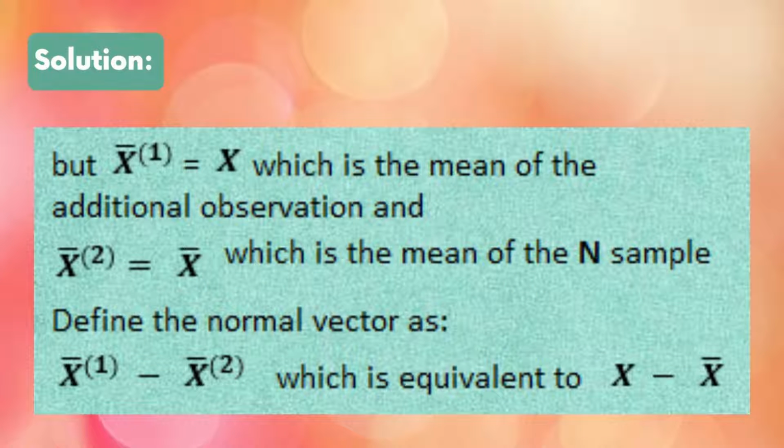But x bar upper 1 is the x vector, which is the mean of the additional observation, and x bar upper 2 is x bar, which is the mean of the n sample. Define the normal vector as x bar upper 1 minus x bar upper 2, which is equivalent to x minus x bar.